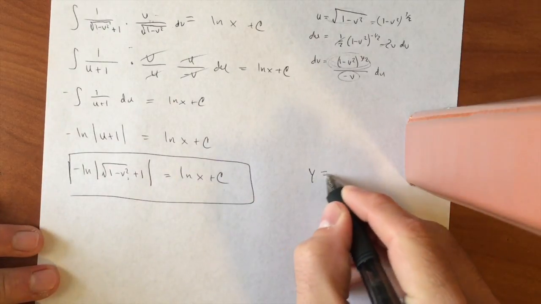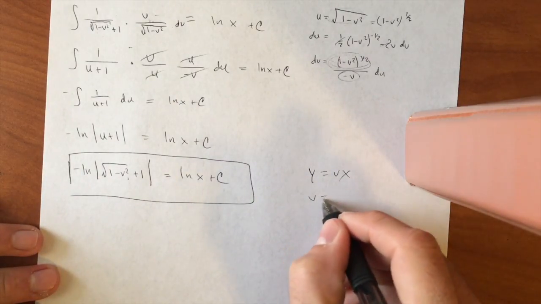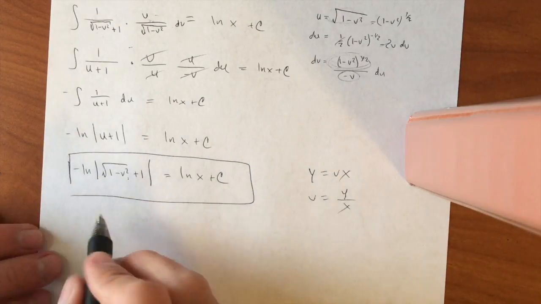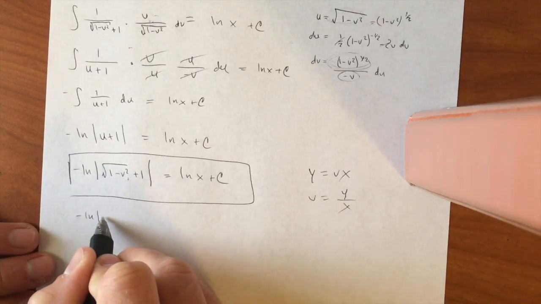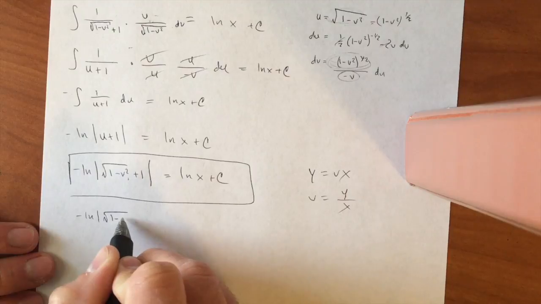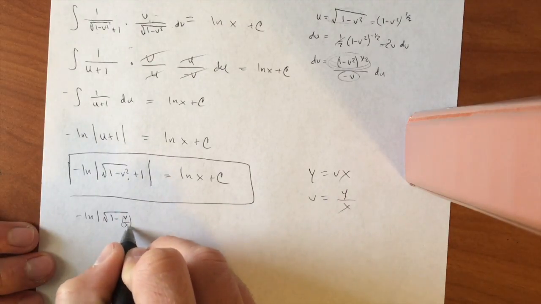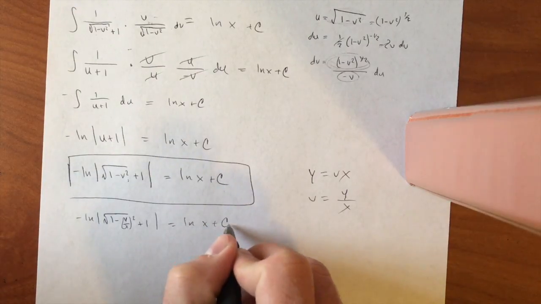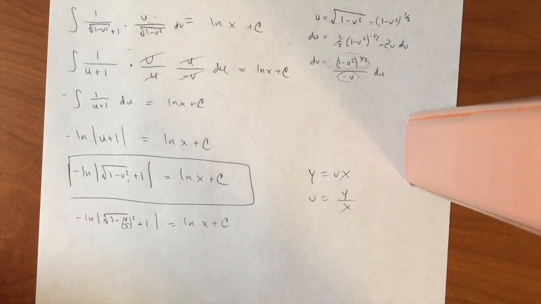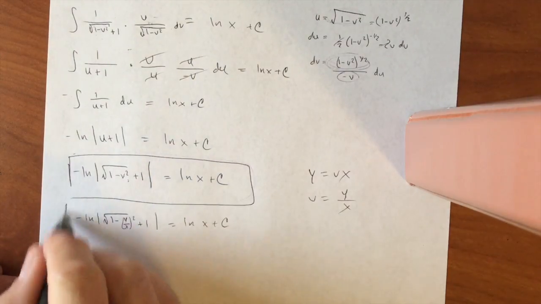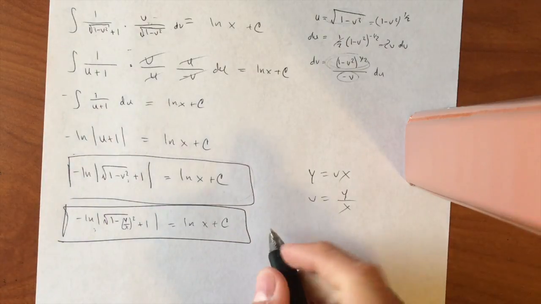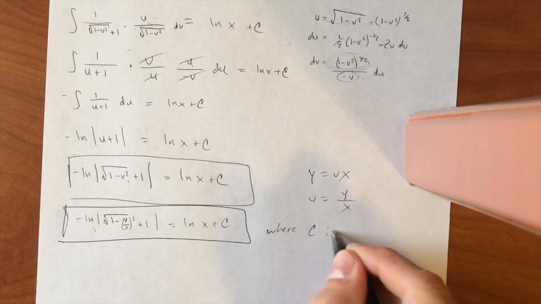If you remember, we did y is equal to vx, meaning that v would be equal to y over x. Now we have to substitute this v back into this equation, giving us the natural log of square root of 1 minus y over x squared plus 1 is equal to the natural log of x plus c. And now this is our solution. We have our differential equation back in terms of x and y. And this is the solution, where c is an arbitrary constant.